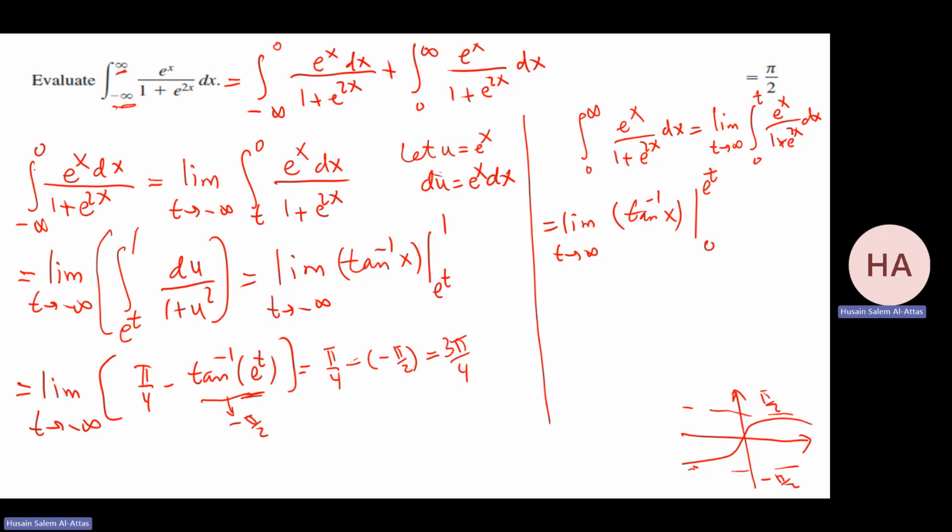Or you can do the calculation again. That gives me the limit as t goes to infinity of tan inverse of e to the power t minus tan inverse of 0. Sorry, this is 1.